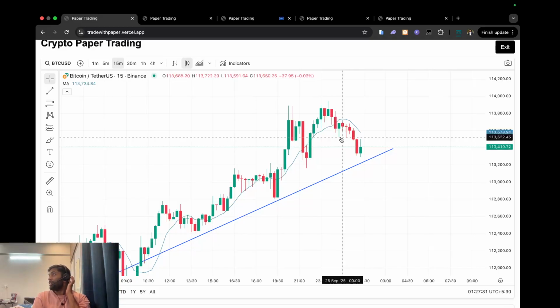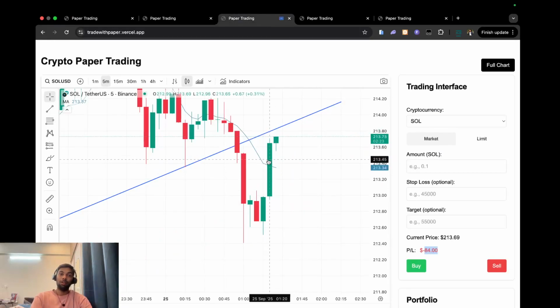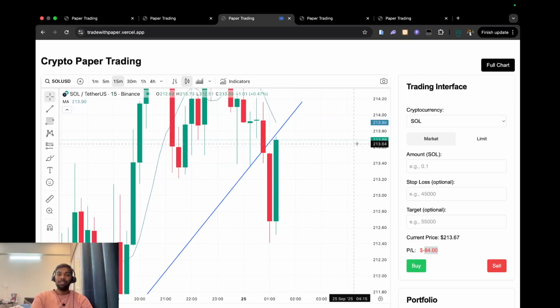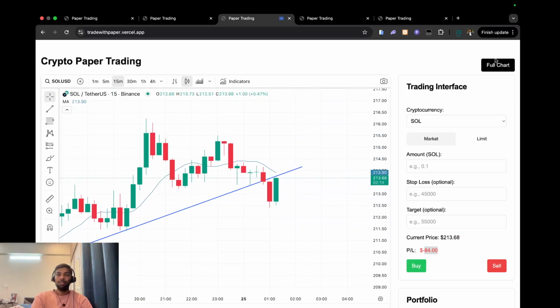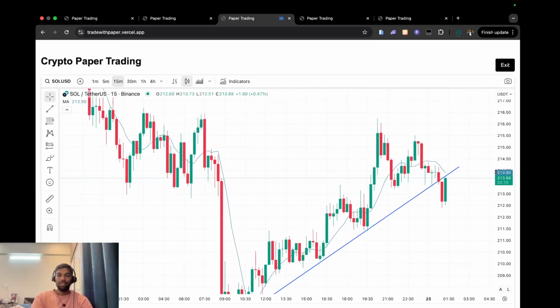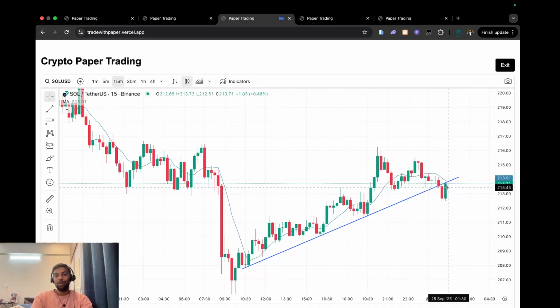Now Solana is making higher highs, because on seeing that big green candle, all the buyers are interested in the buying side. Let me see the full chart. In the full chart, you can see this is a bit of a pullback in the higher highs, and this is the opportunity for all the buyers to come in and start buying again.